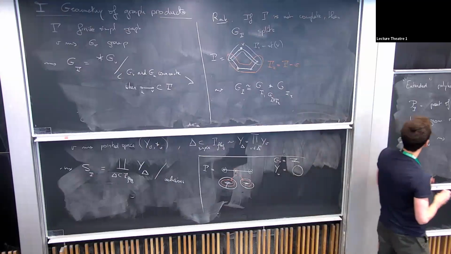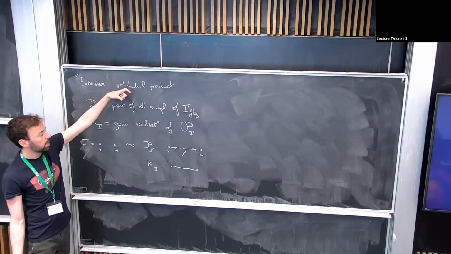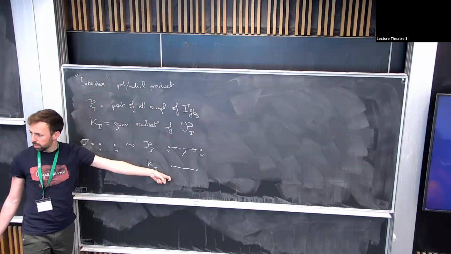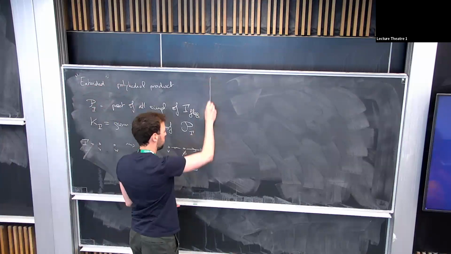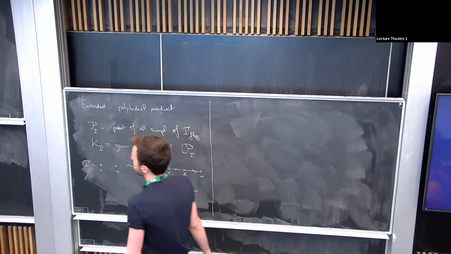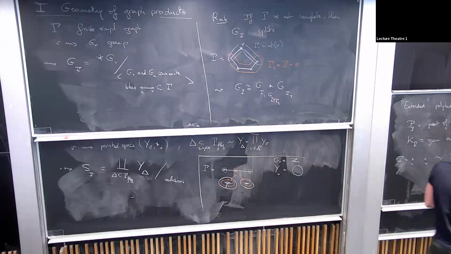So what I want to see is to think of my polyhedral product as something that lives above this complex here that parametrizes the simplices in gamma. So what I'm going to do is to slightly modify the definition that I gave here.